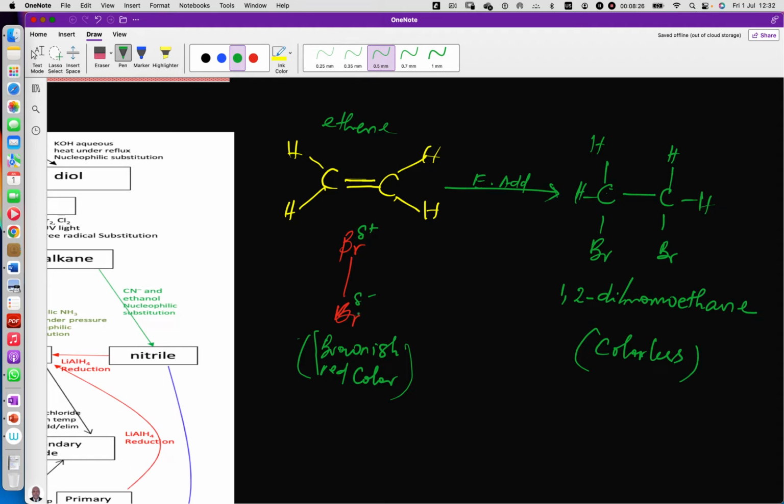Now this is a polar molecule, and if you want the details of this, go back to our electrophilic addition reaction video and watch the details of it.